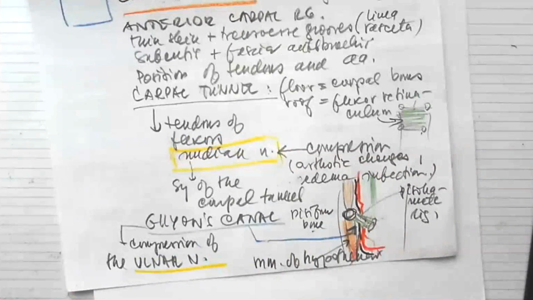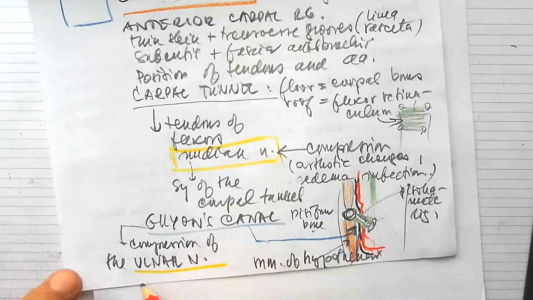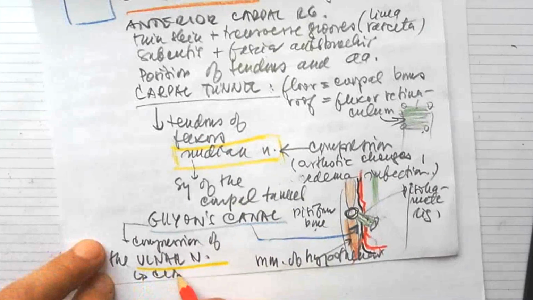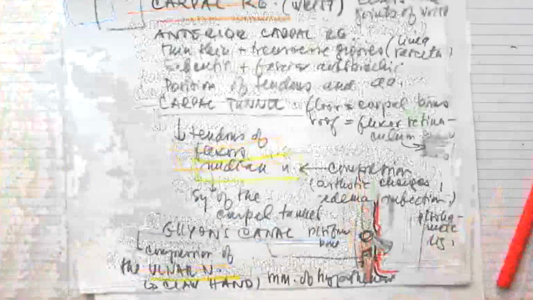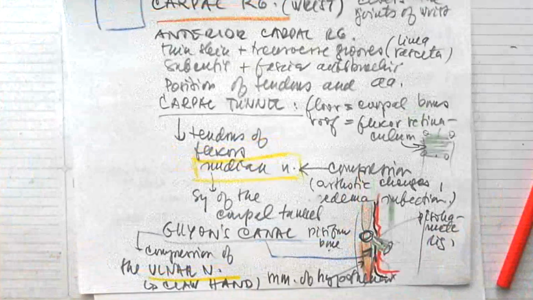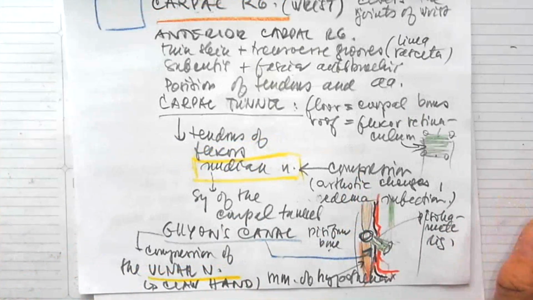Finished. Again, just please add claw hand. Fine. That's it. Carpal region, I mean this is sufficient.